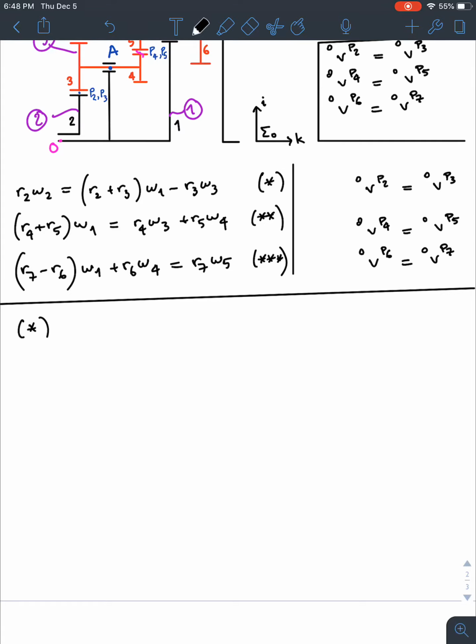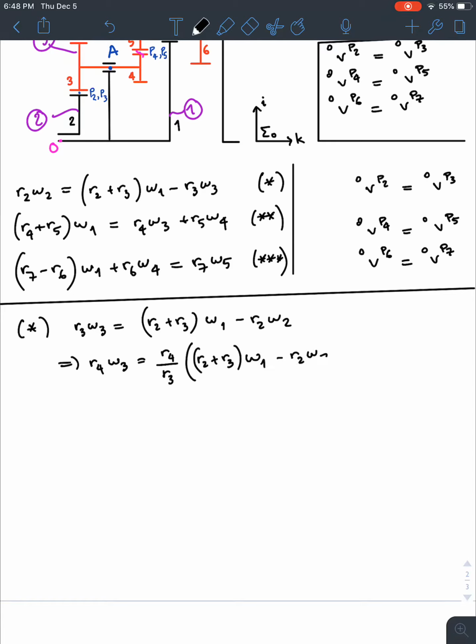So from star, I'm getting the following. R3 times omega 3 equals R2 plus R3 times omega 1 minus R2 omega 2. Okay, from here I can compute that R4 times omega 3 is going to be R4 divided by R3 times R2 plus R3 omega 1 minus R2 omega 2.